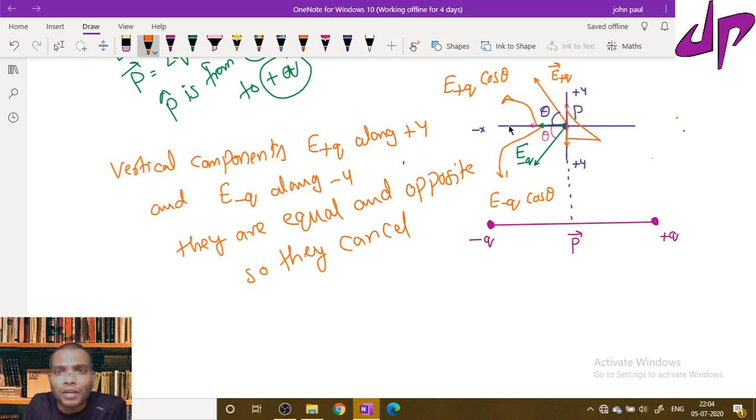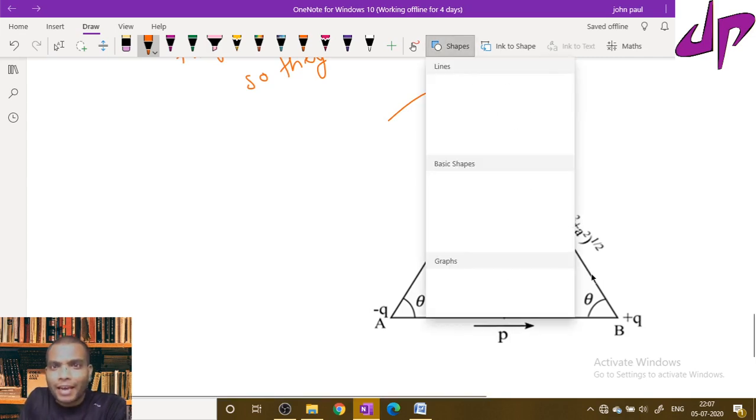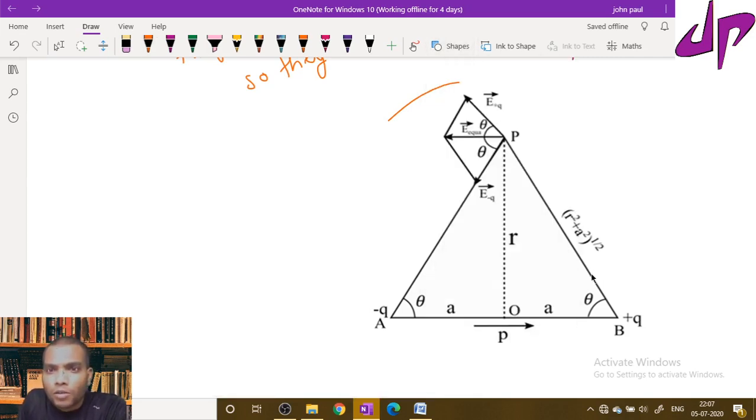We need to add these two terms. If you draw a neat diagram here, the vertical components cancel each other, and only the horizontal components add up.